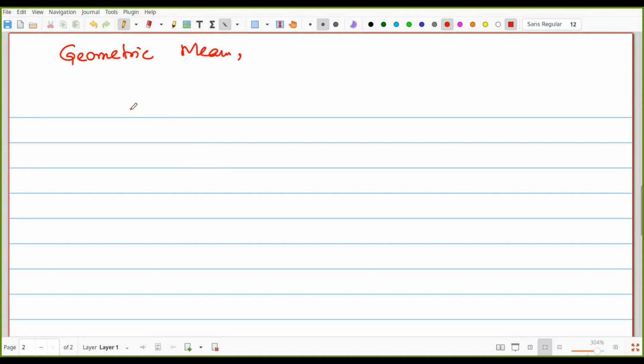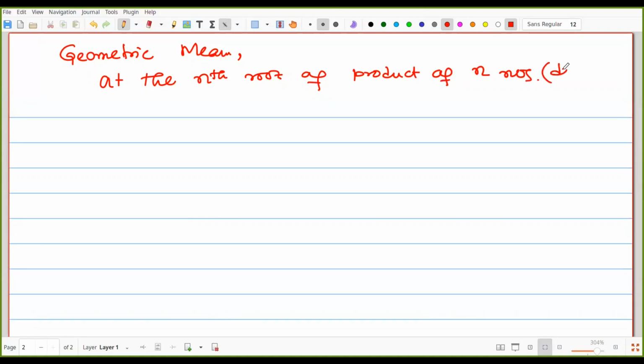Practically, we can define it as the nth root of the product of n numbers or data, whatever we say.